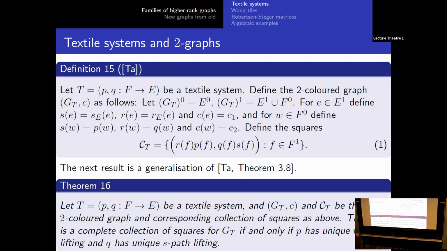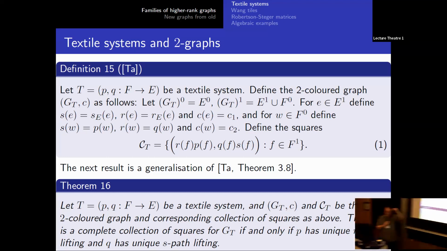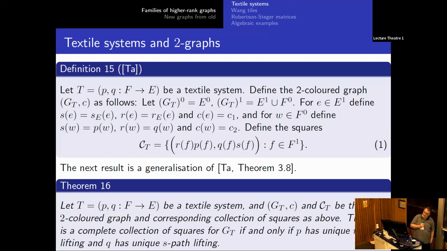So you throw in the data F into the edges. And the range and source of E is okay, so that's a settled thing, but for the range and source of F0 you have to use P and Q. It'll just drop your vertex onto a vertex of the graph E, so that's good.